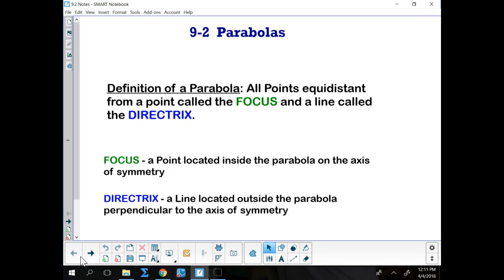Now, this chapter, we're going to expand that knowledge to x equals y squared parabolas. Those are parabolas that open to the left and open to the right. Okay?